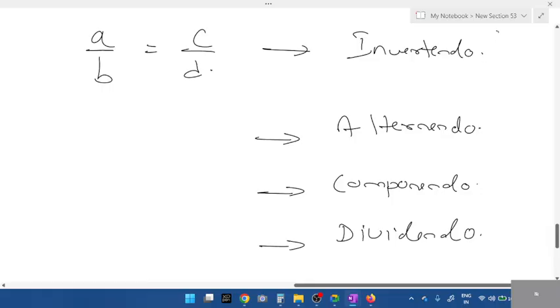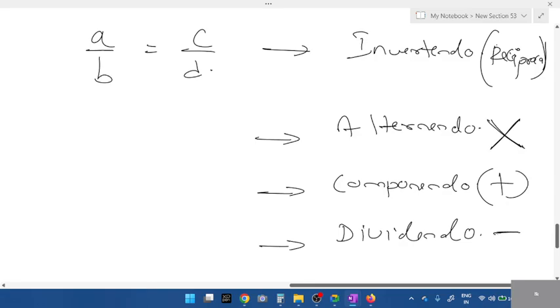Okay. Invertendo is reciprocal, students. Numerator by denominator becomes denominator by numerator. That is the reciprocal value. Alternando is changing the alternate values. X. Remember X for this X diagram. Componendo is addition.